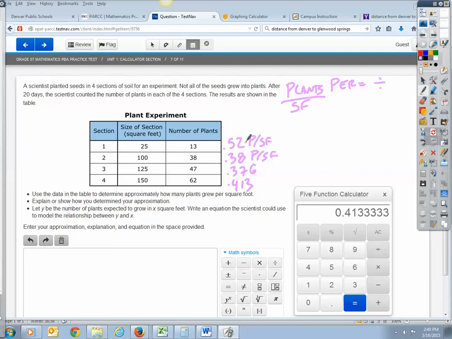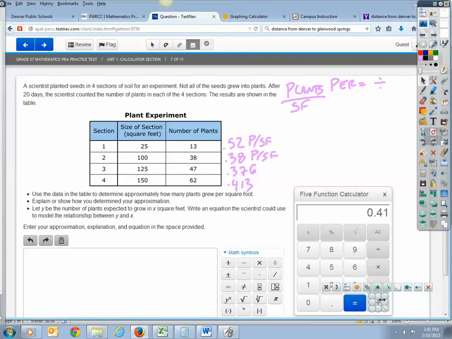So the mode of this data set would be, I'm going to take my point 0.41 plus the third highest, 0.38.